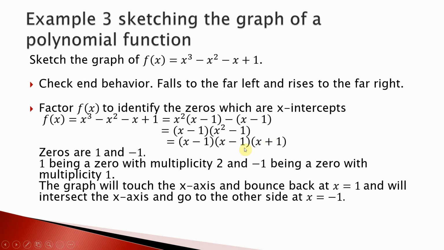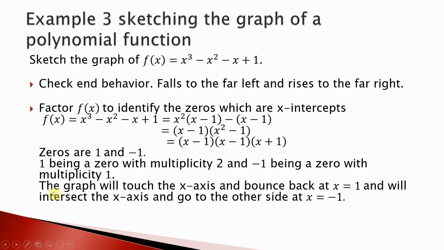Okay, so from this you get the zero 1, positive 1. Here also it's positive 1. So 1 is a zero with multiplicity 2, and from here you get negative 1. So negative 1 is a zero of multiplicity 1, because this factor appears only once. So x minus 1 appears twice.